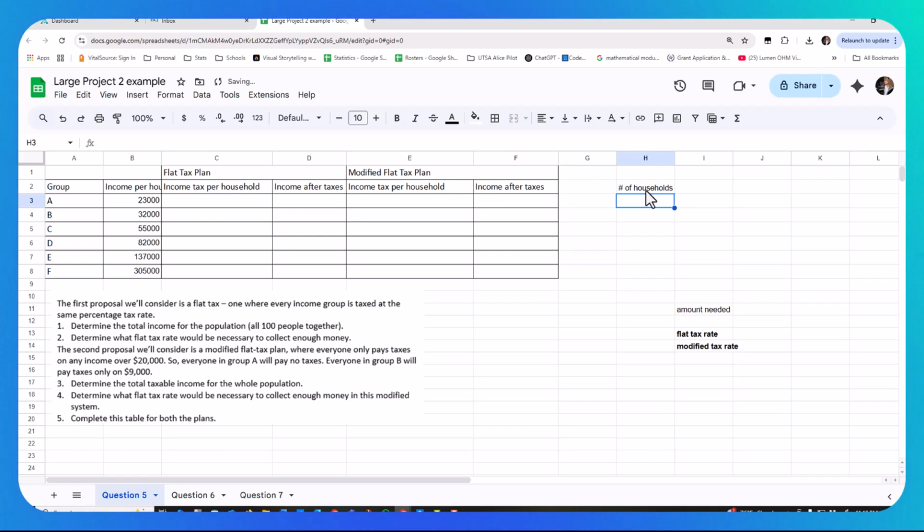And so let's just say this is 10, 10, 15, 15. Well, I guess they started large, so I'll go 20, 20, 15, 15, 10, and 10.